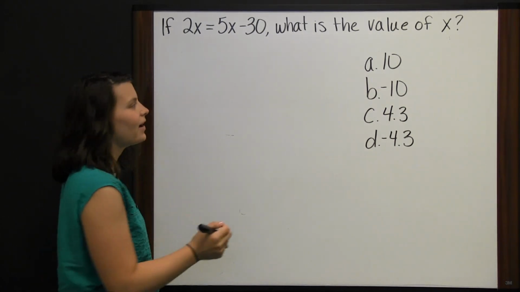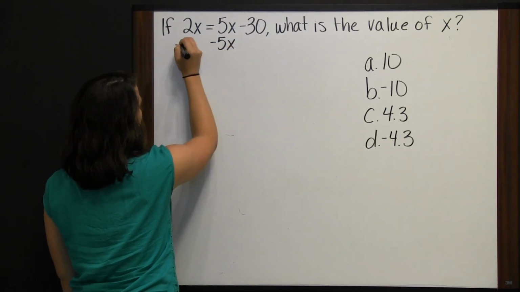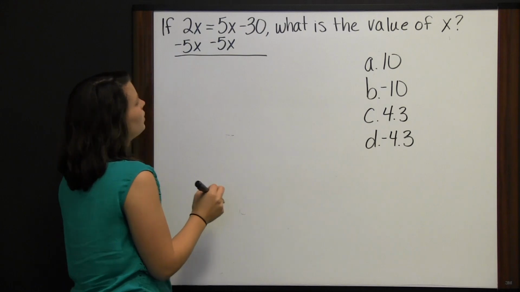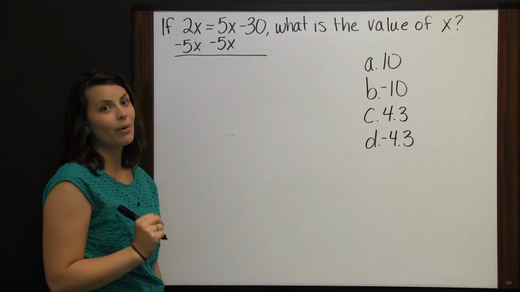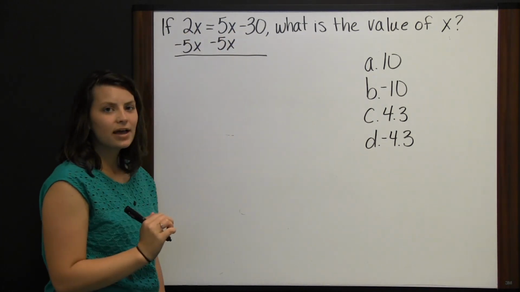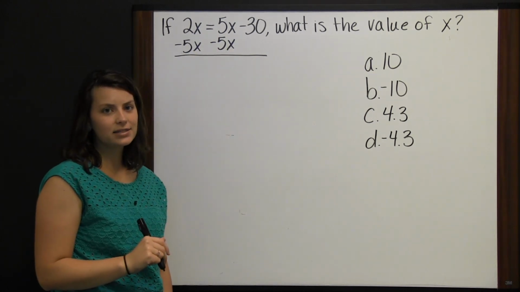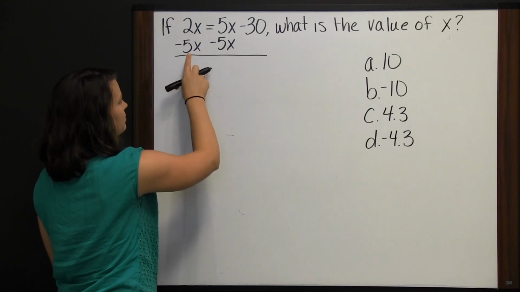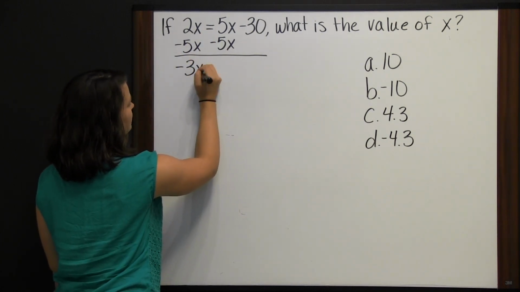or we can subtract 5x from both sides and get rid of 5x on the right side. I'm going to subtract 5x from both sides. This is called the subtraction property of equality. Because I have the left side equal to the right side, then I could subtract the same thing from both sides, and they'll still be equal. 2x minus 5x is negative 3x.